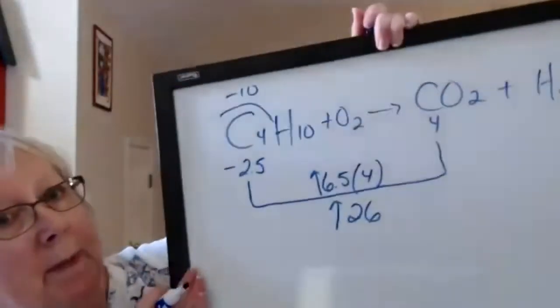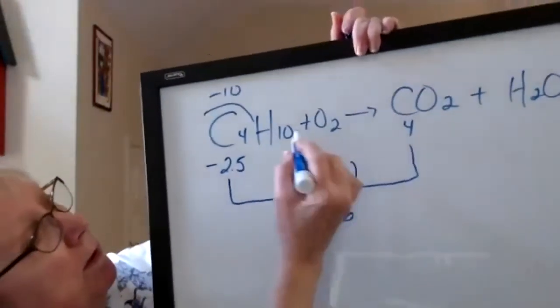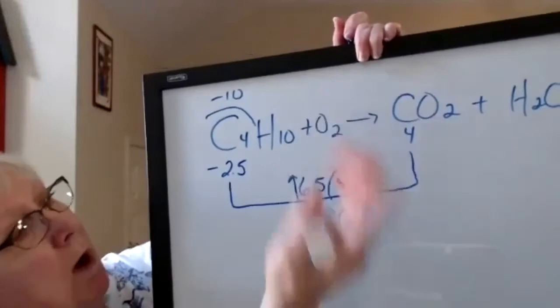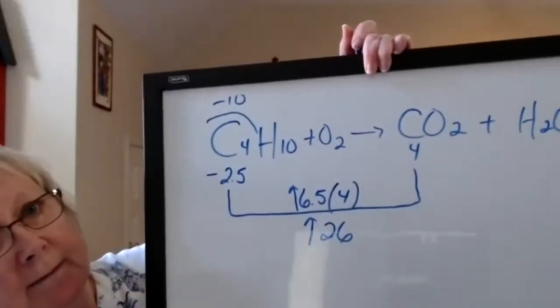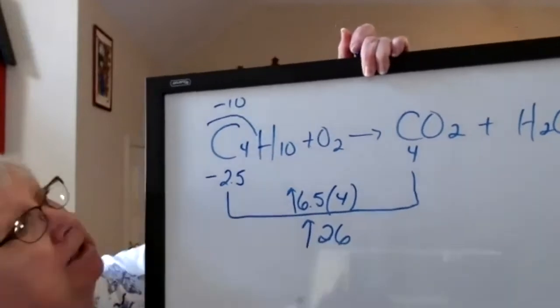Matter of fact, I think I can maybe squeeze in here. We'll just finish this one out. Okay, this is now my entire. Okay, so this is a combustion reaction. So I know carbon changed. Why? It's with hydrogen on the left, but it's with oxygen on the right. So carbon is oxidized, it changed.